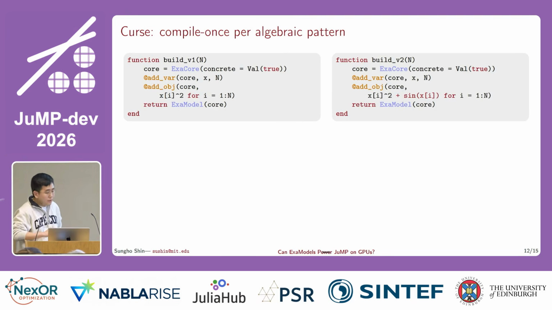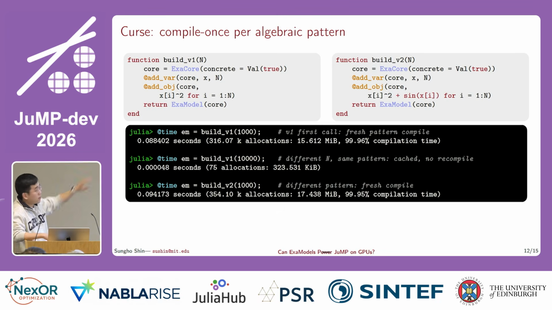But there are also bad things about this, and this is one of the examples. The left-hand side is the model that we started from, and then later we found that we need to add another term in the constraint. Because we so aggressively type everything and put that in the compilation, if you start from model version 1, it's going to run slow.